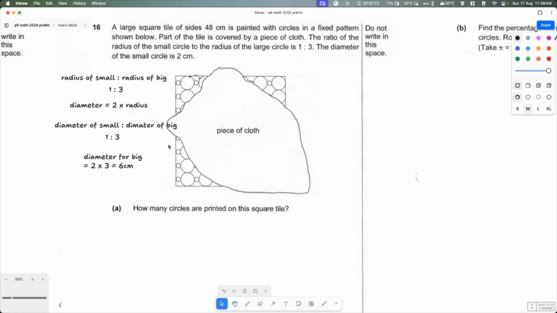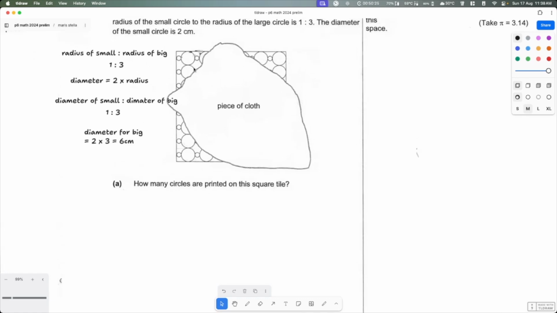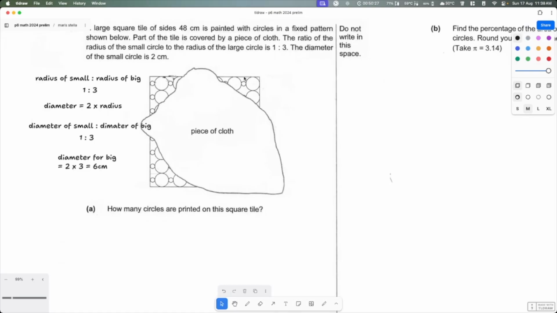So for this, we want to know the repeating pattern. The repeating pattern is this, right, over here. So the repeating pattern is one small circle plus one big circle.